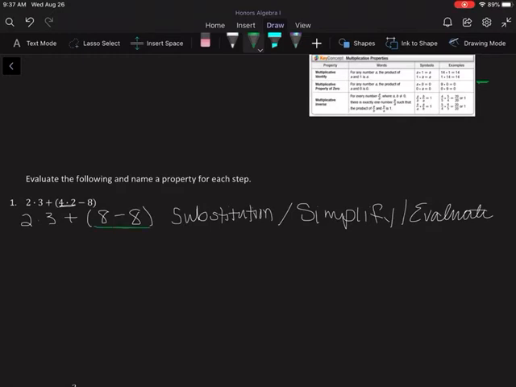So then the next step would be to evaluate this, right? And look, that's 8 minus 8, and I'm going to get 0, right? And if I get 0, I know that that is the additive inverse.